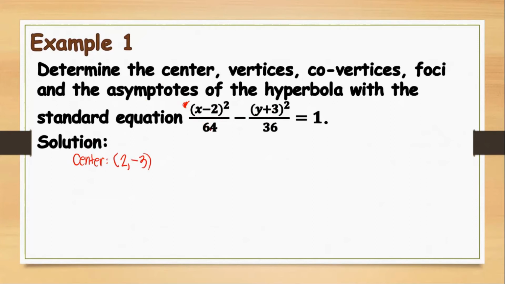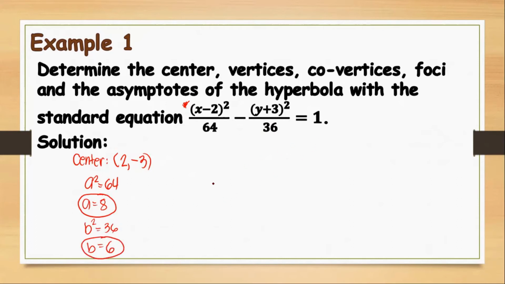And since we have 64 here, our a squared is 64, so our a is equal to 8, that is the square root of 64. Now, our b squared is 36, and so our b is equal to 6.